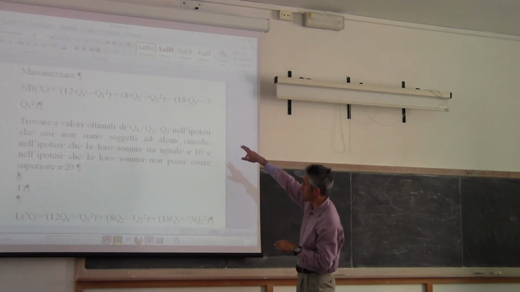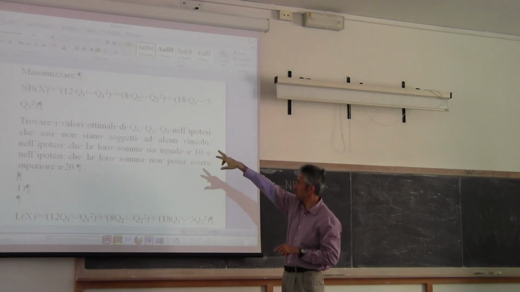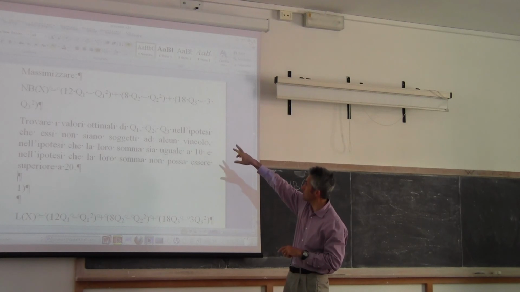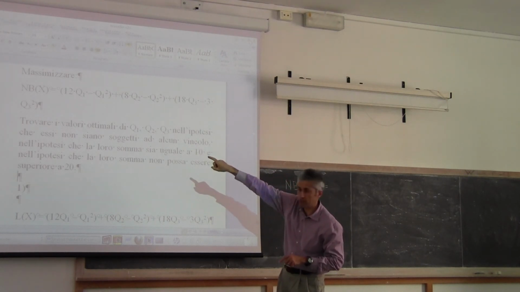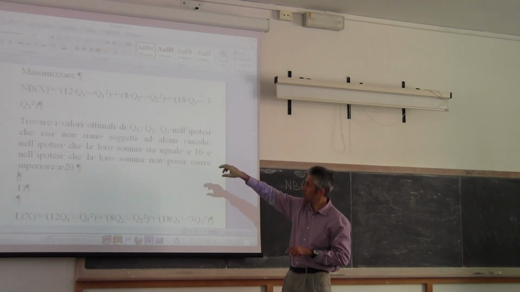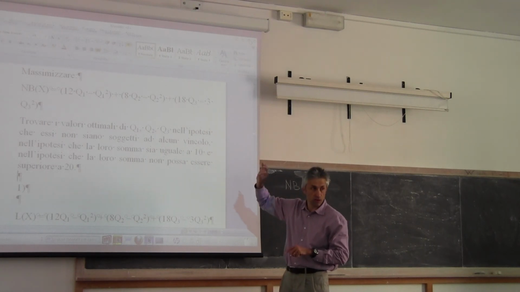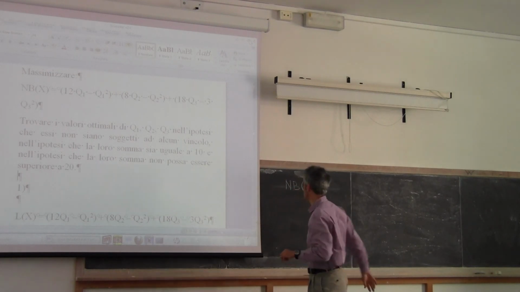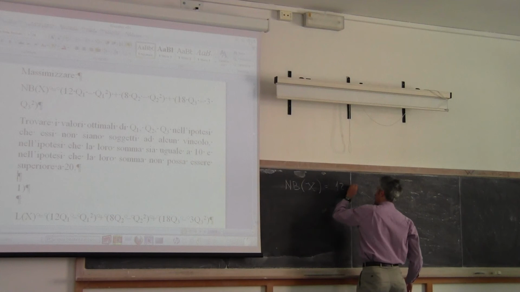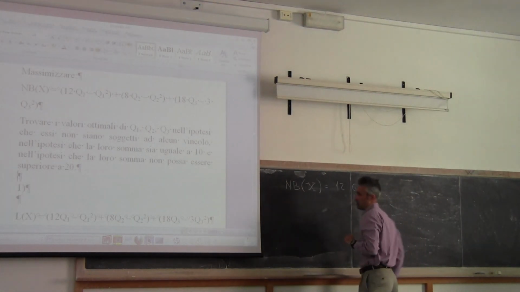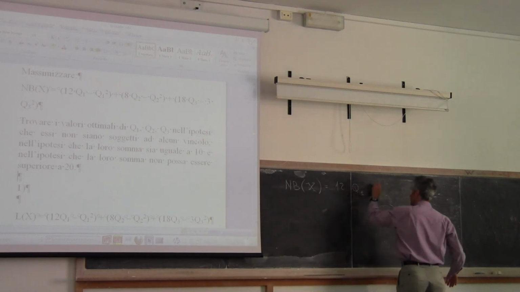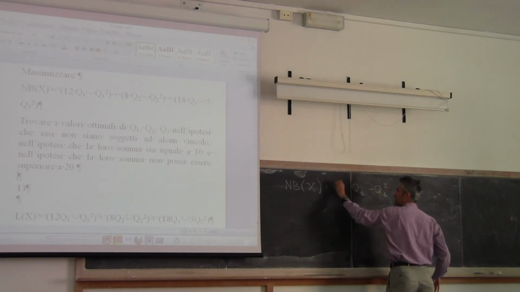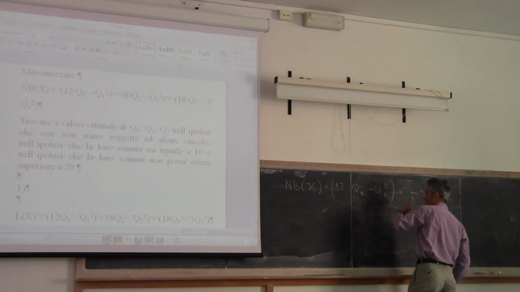So the benefit is given by the sum of three benefits that correspond to any user. So the first one depends on Q1. The allocations are given with the symbols Q1, Q2, and Q3, not X as before. So the first benefit is given by 12 Q1 minus Q1 squared. And this is the benefit for the first user.